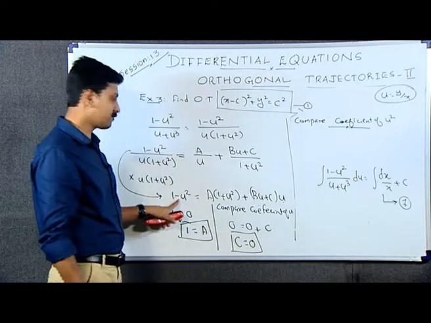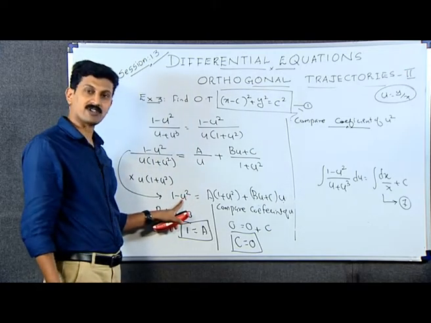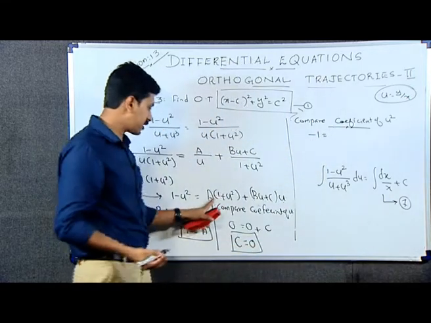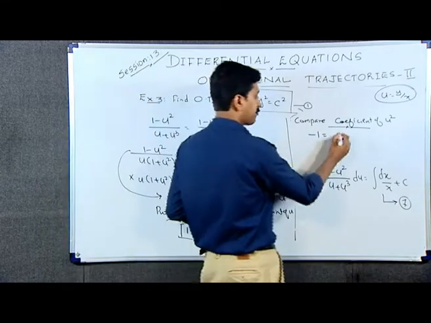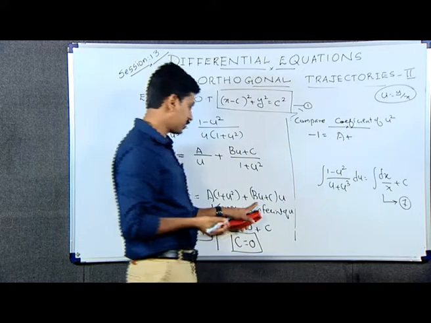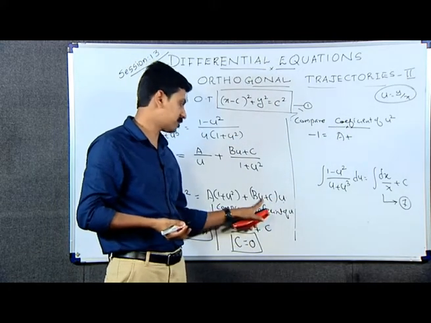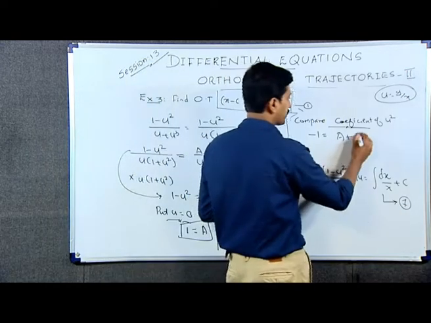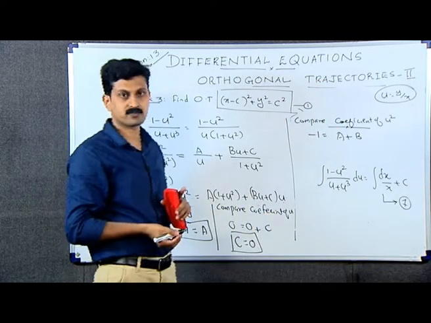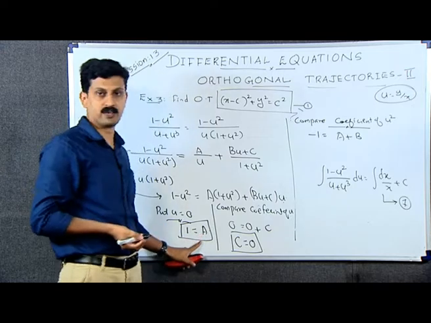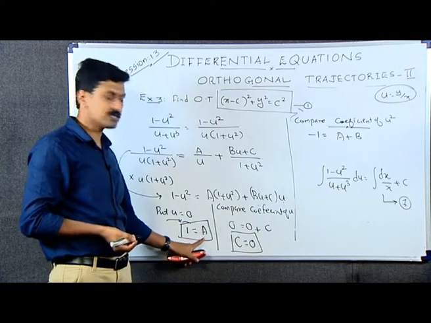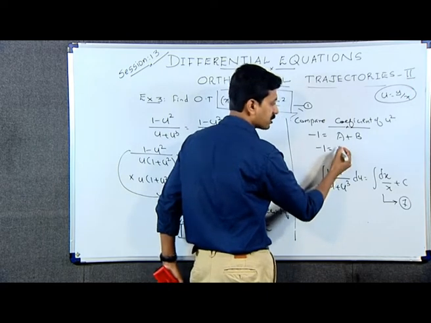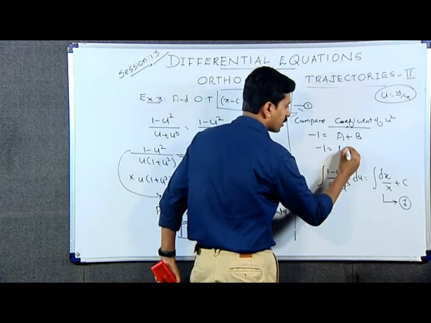Here we have the coefficient of u square as -1, so -1 equals the coefficient of u square from a plus the coefficient from v square. In this term, u into u square and into b is there, therefore the coefficient of u square is b. We already found the value of a, so replacing it, this will be 1 plus b.